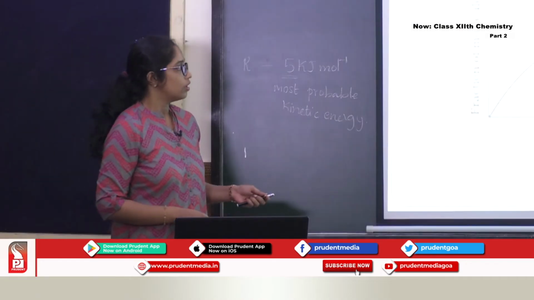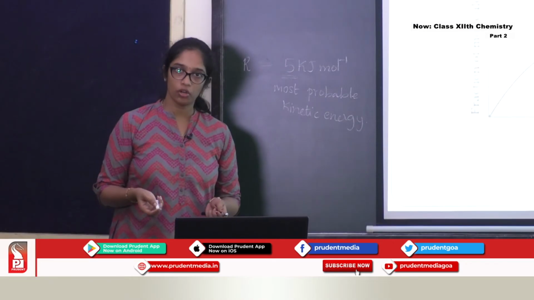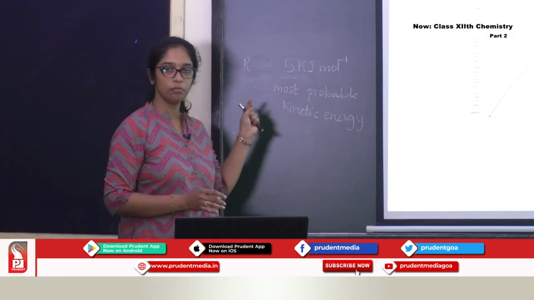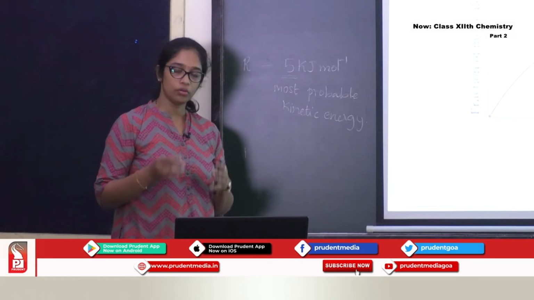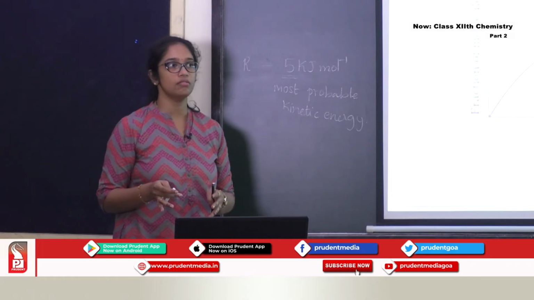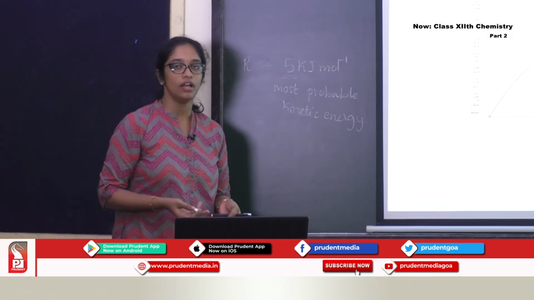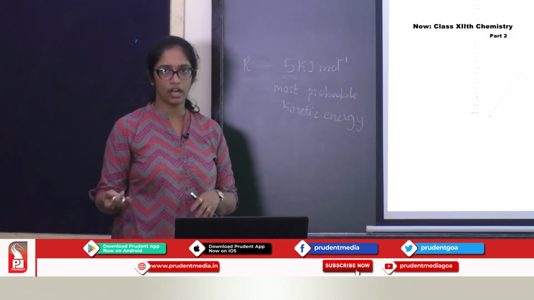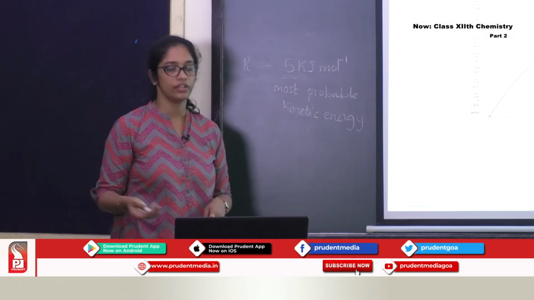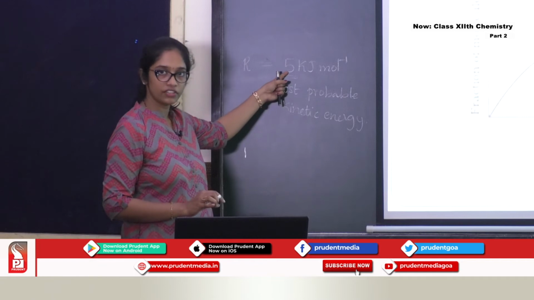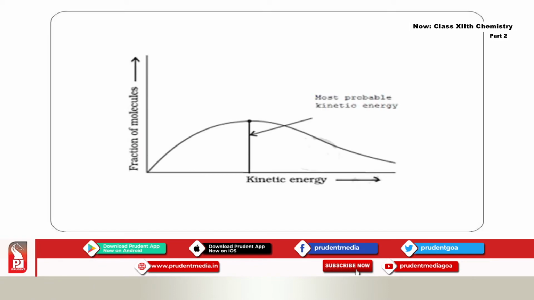It is not that all the reactant molecules in the reaction mixture will have 5 kilojoules per mole. Some of the reactant molecules will have very low energy, even 1 or 2, and some could have a little higher energy, suppose 10 or 12. But most of the molecules have on average 5 kilojoules per mole of energy, and that is represented here in the plot. That is the most probable kinetic energy.